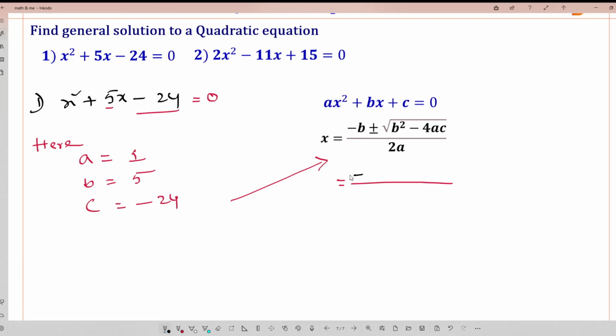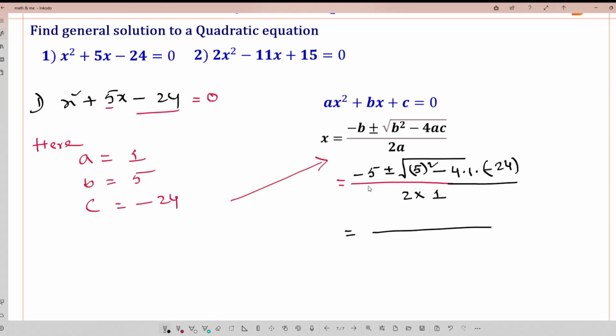Minus b means minus 5, plus or minus the root of b squared. b squared means 5 squared, minus 4 times a, which is 1, times c, which is minus 24. Divided by 2 times a, which is 1.